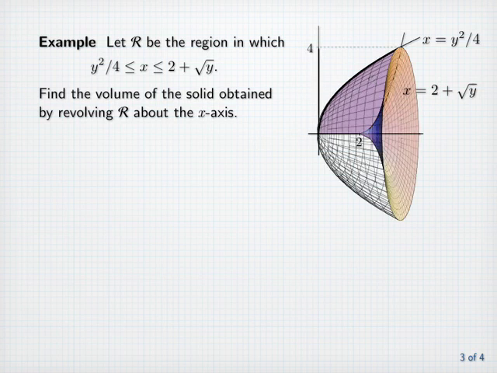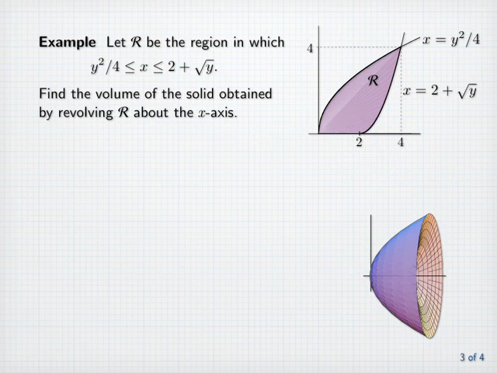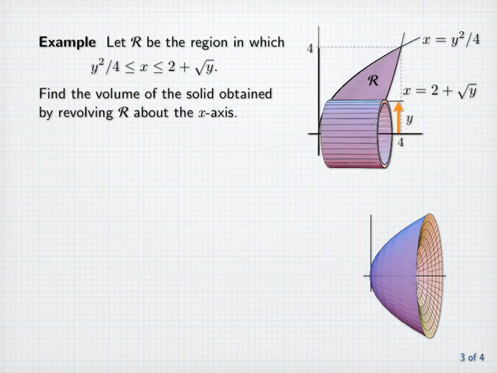Here's what the resulting solid looks like. Now let's think about taking a slice of the region parallel to the axis of revolution at height y and revolving that about the axis to form a typical cylindrical shell. Here the thickness of the shell will be dy, so we need to express the shell volume completely in terms of y.